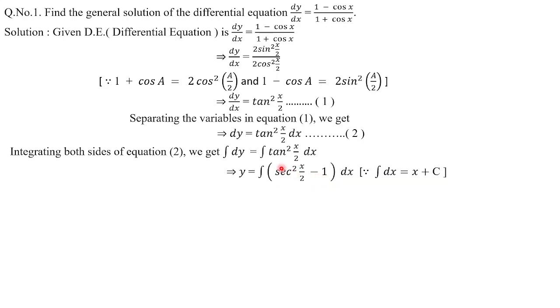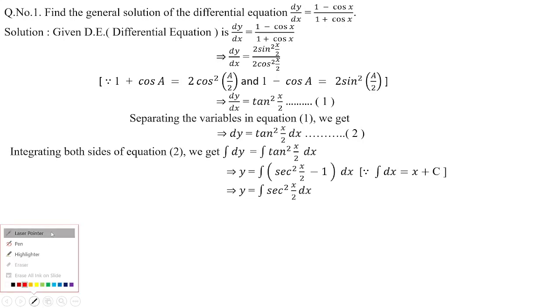Okay, now we integrate the two terms in RHS. We have integrated LHS, so that implies y is equal to integral secant square x by 2 dx minus integral 1 dx. Here there are two terms in the brackets, so we are integrating these two terms separately.